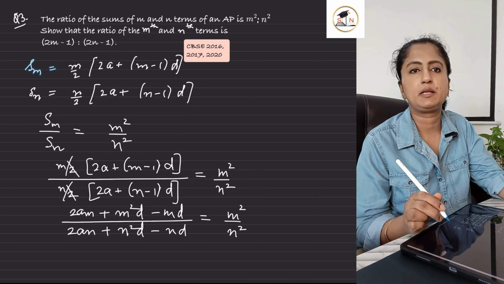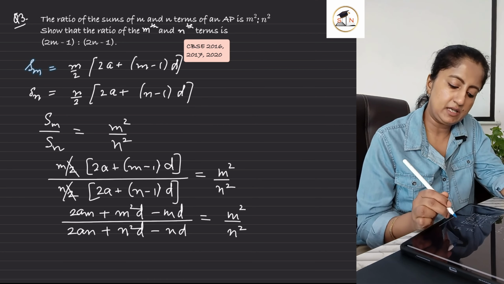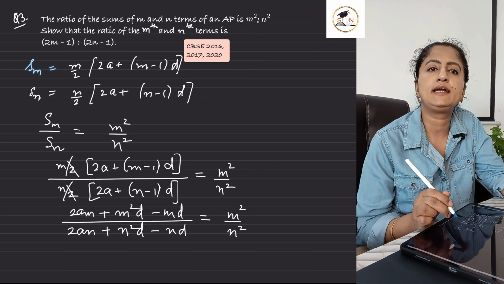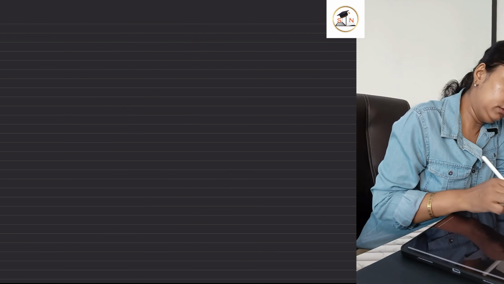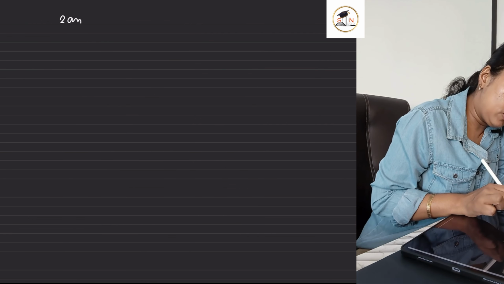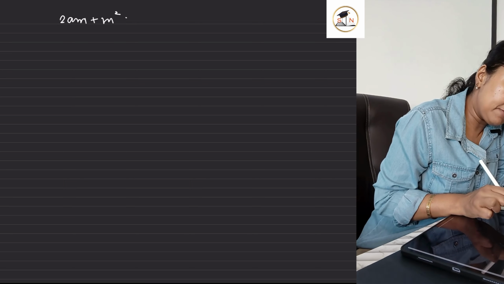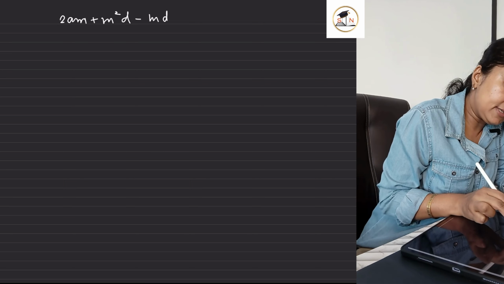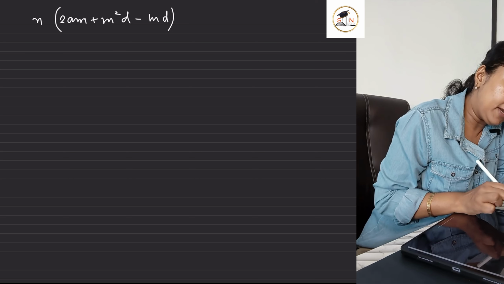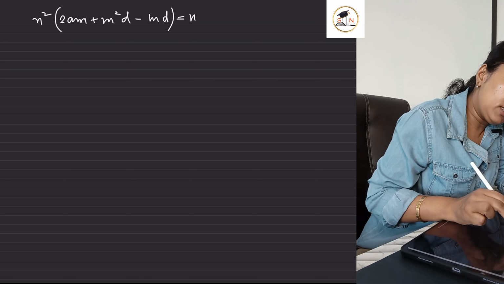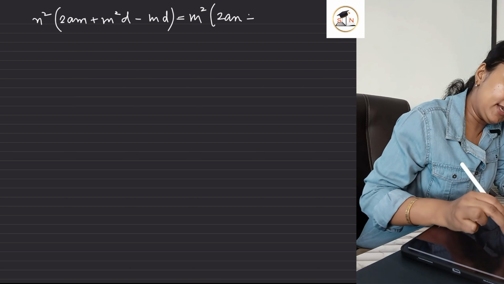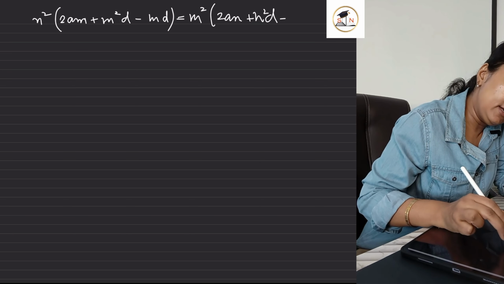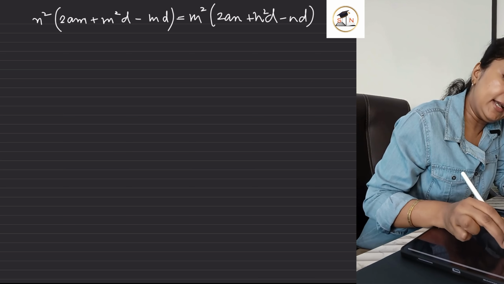Now we need to cross multiply. Once we cross multiply, we will get a relation between a and d. So let's start doing that. It gives us 2am plus m square d minus md, which will get multiplied with n square. On the other hand, m square will get multiplied with 2an plus n square d minus nd.